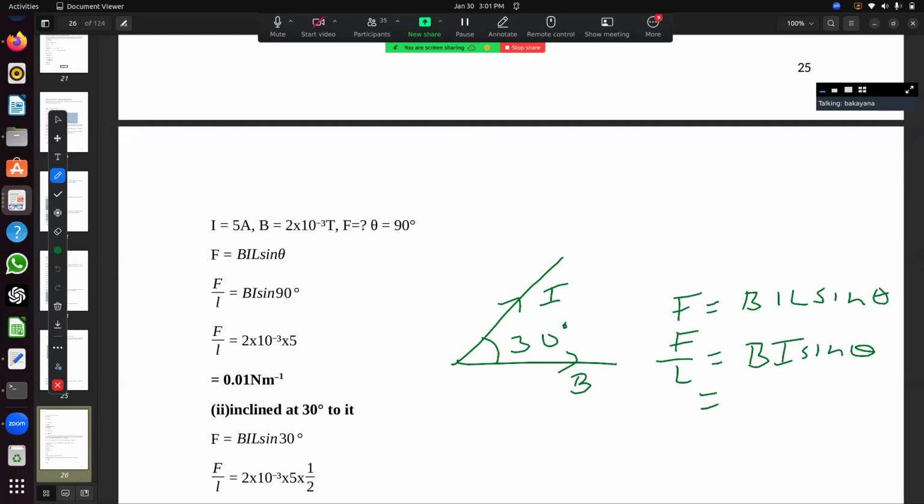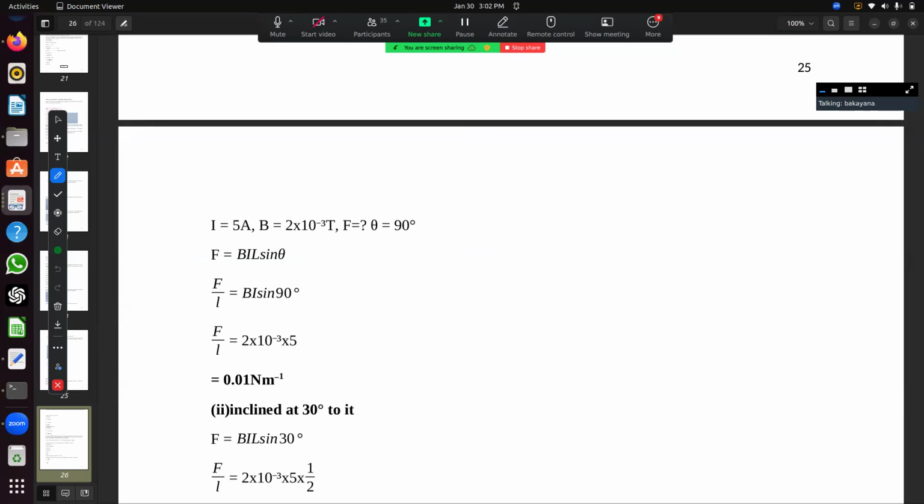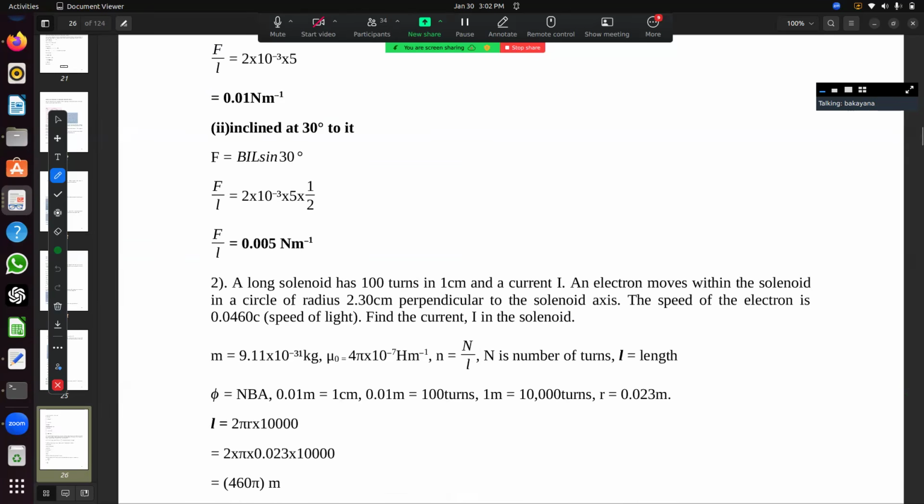So it's a matter of substituting B, 2 times 10 power negative 3, the current, then the sine of 30 degrees, so you can get your answer. This is what we have, as simple as that.